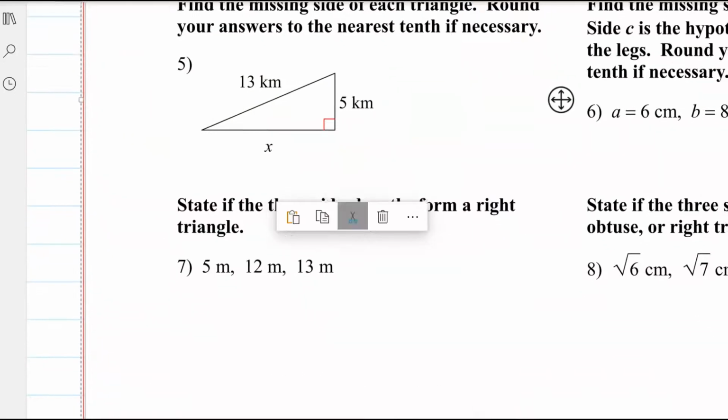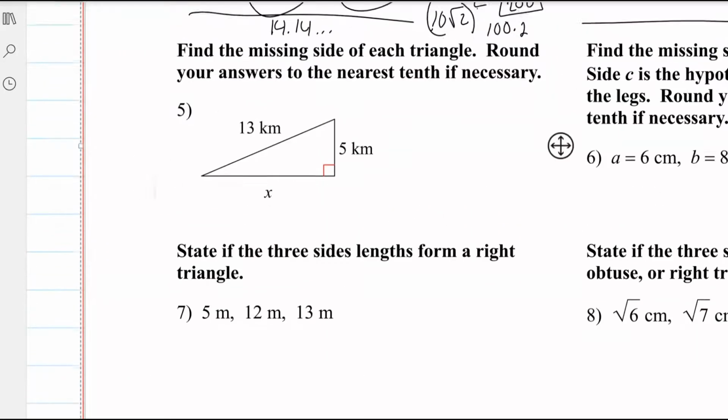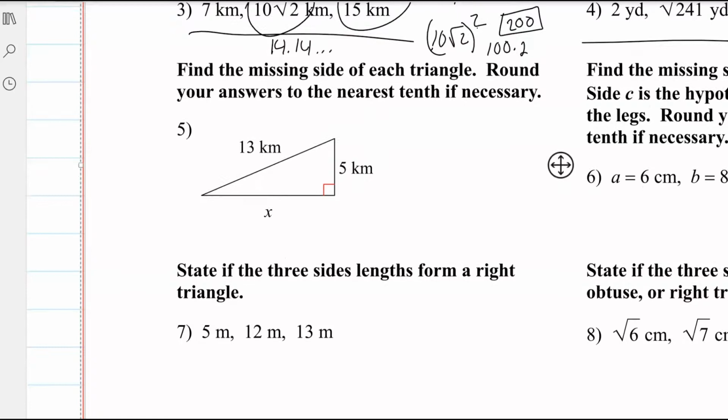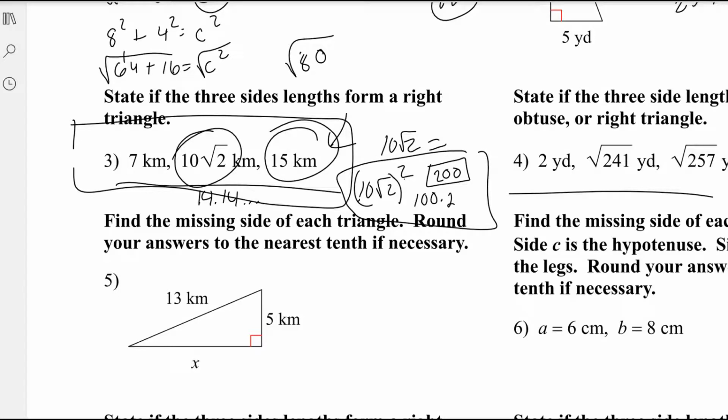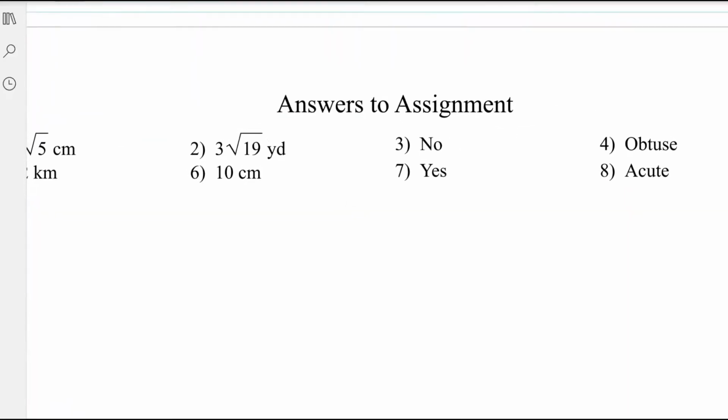Alright, I'm going to skip that one, that one. The next thing you're going to want to be able to know how to do is, well, actually one of these. And again, the big thing is to make sure that you understand how to do this part right here. The rest is the same.